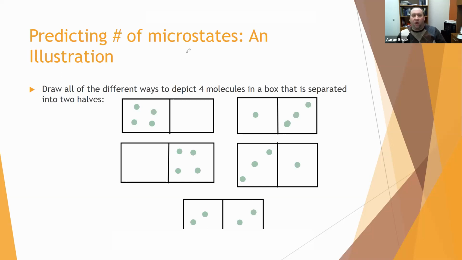Now, if all the molecules weren't the same, let's say that we had a scenario like we did in the first example, where half of them were one color and half of them were a different color. So let's say that half of our dots are green and the other half of our dots are orange.